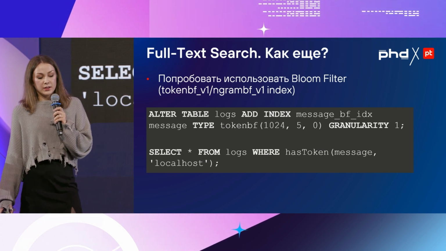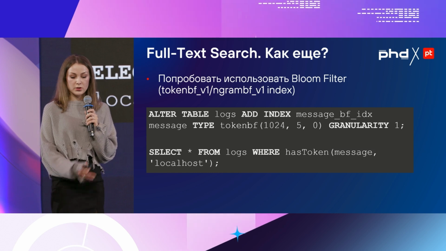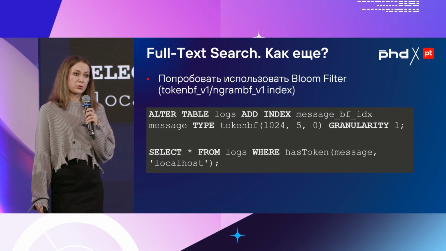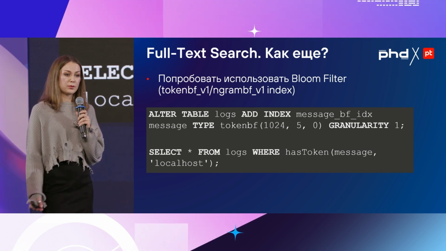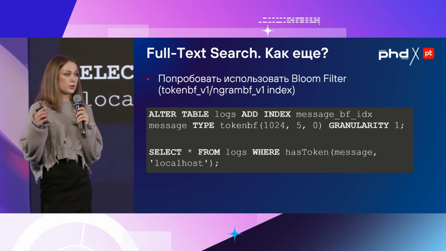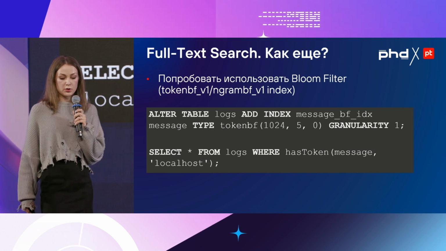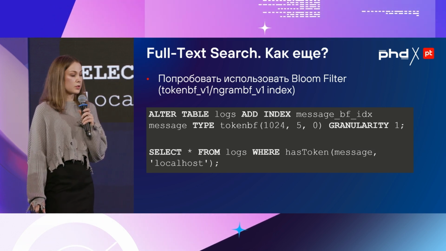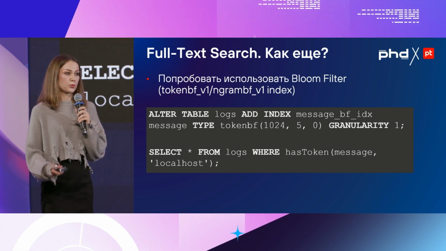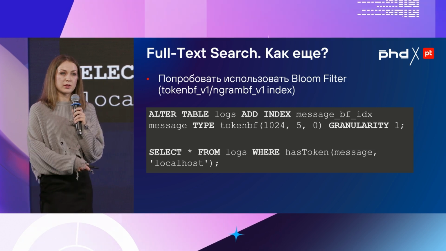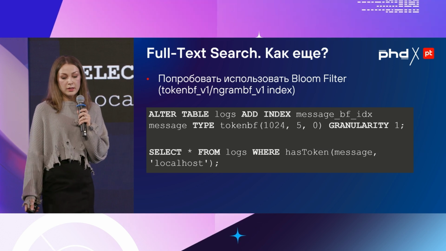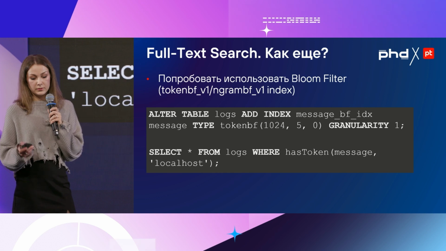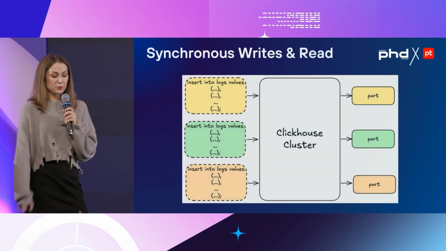Or you can also try and choose the Bloom filters. They exist in tokens, but this enables ClickHouse to skip partitions, but this is not a search according to a specific value, and Bloom filter will slow down our inserts, and it's not as fast as we want it to be.